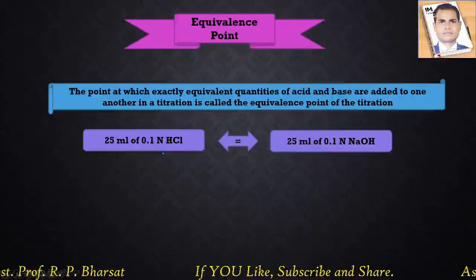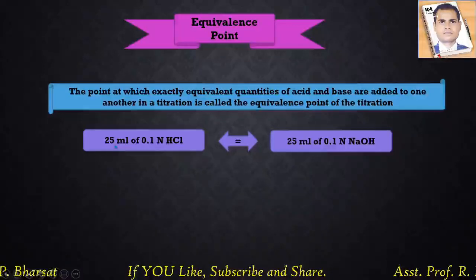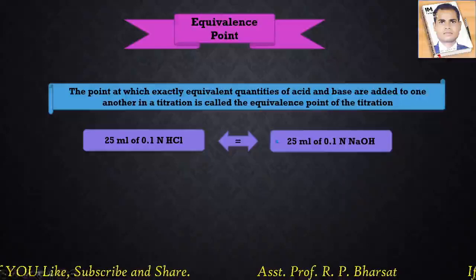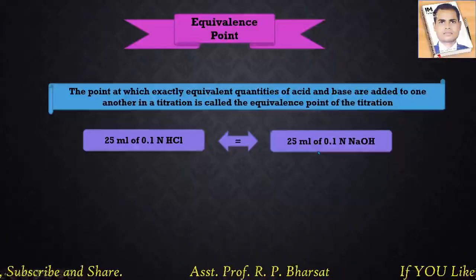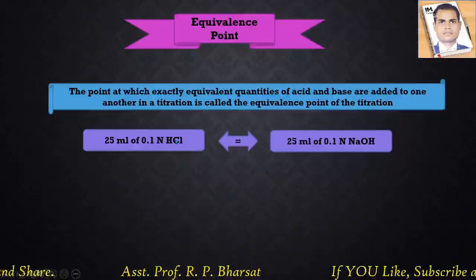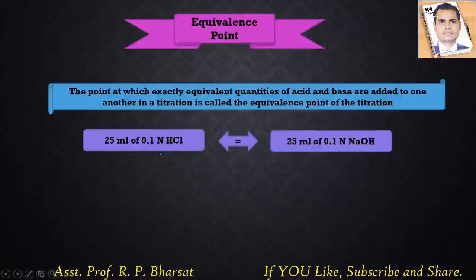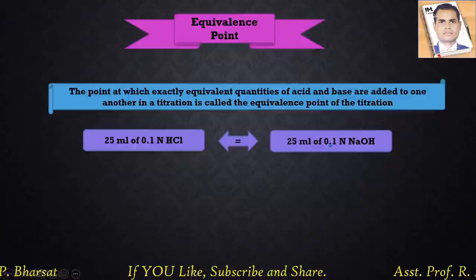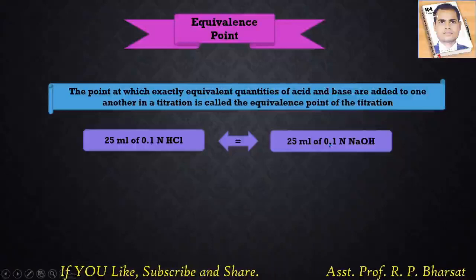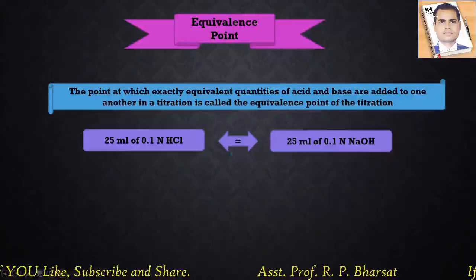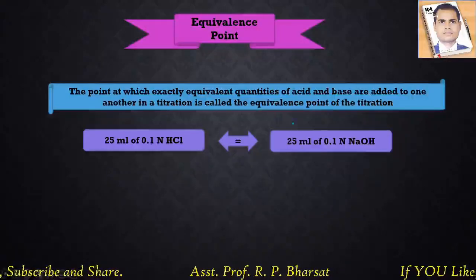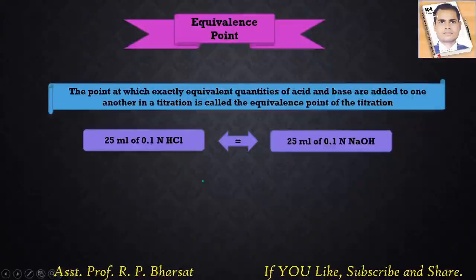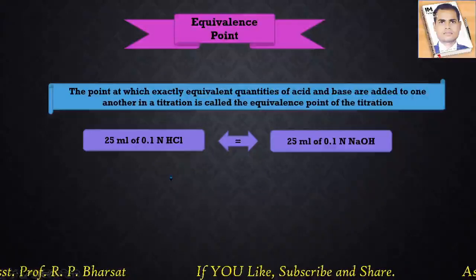The volume of HCl is 25 ml and NaOH is 25 ml. Again, the concentration of HCl is 0.1 normal and NaOH is 0.1 normal. So both are equal: concentration is equal, volume is equal, and the strength is also equal.